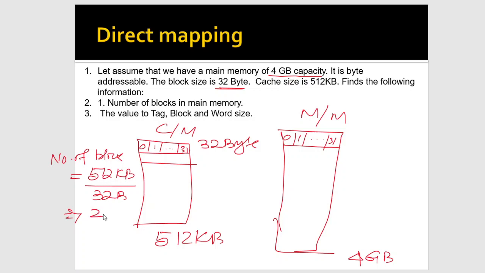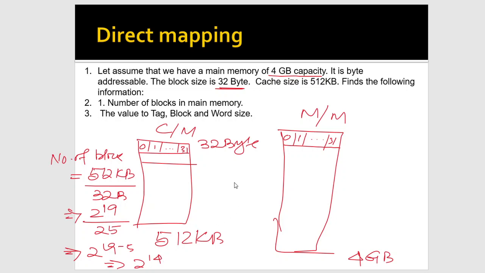So ultimately it is 2 to the 19 bytes. Divided by 32 byte, which is 2 to the 5, it will be 2 to the 19 minus 5, which is 2 to the 14.